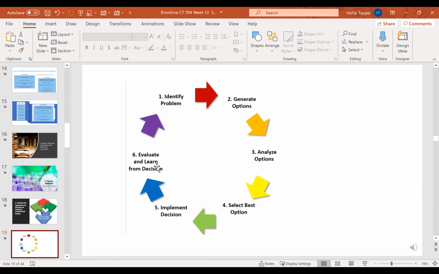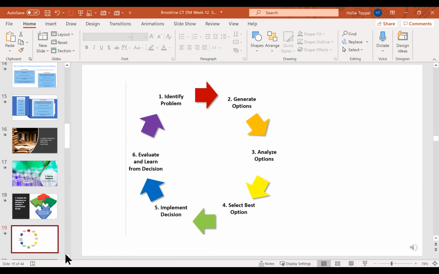You evaluate and learn from the decision, and then you go back and do this again. This is not a vicious circle anymore. This is a good circle. You want it to cycle like this time after time after time. And you want other people who have no contact with you during your experiment or your theories to try to prove them and work on it.